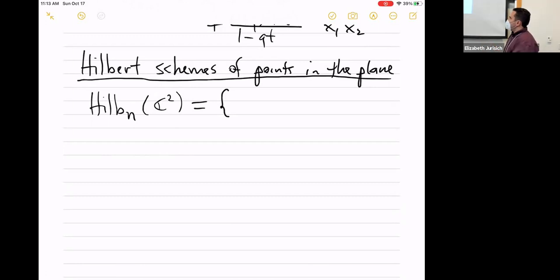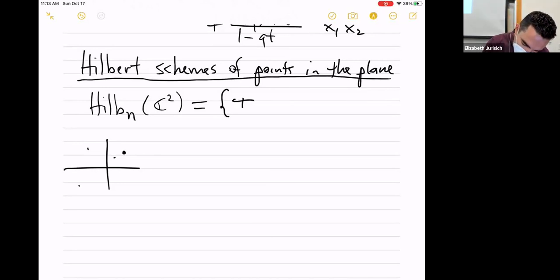So this particular Hilbert scheme parameterizes collections of n points in the plane. Okay, so you should think, it's really C2, but you have some n points in the plane, and they can be repeated with certain multiplicities and so on. And this is supposed to give you a nice way to parameterize these objects.